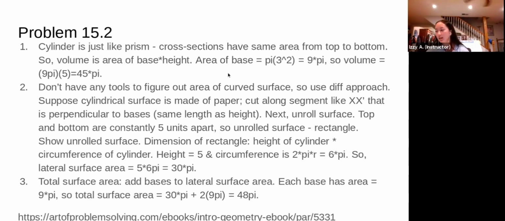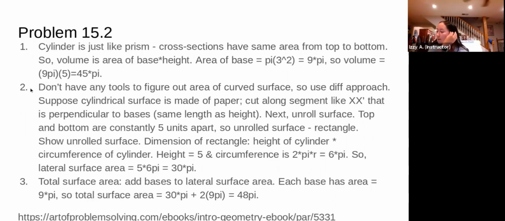Because we know that the radius of the base, which would be the circle, is 3, we would find the area of the circle, so that would be pi r squared, or pi times 3 squared, and that's going to be 9 times pi. Then we know the height was 5, so we multiply those two things together. So the volume would be 9 pi times 5, which is 45 times pi.